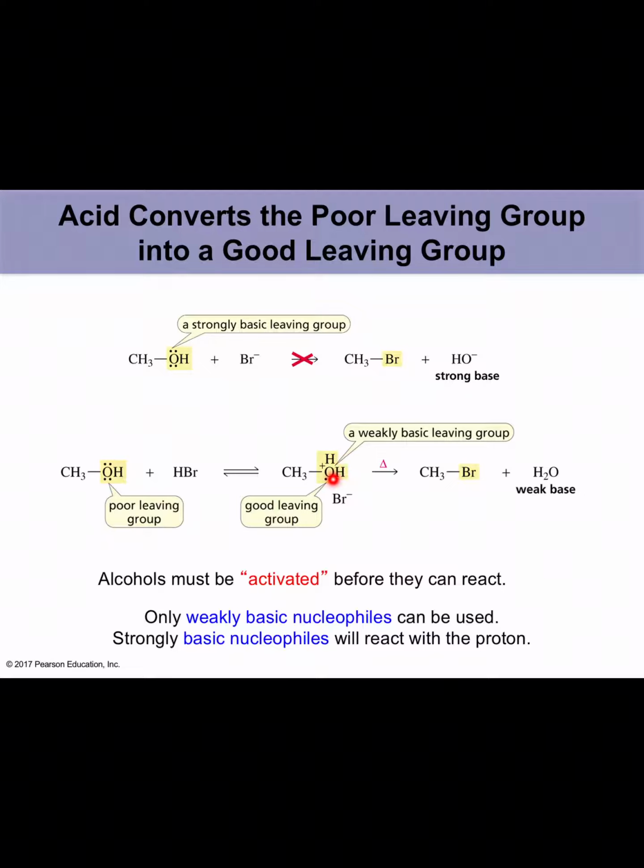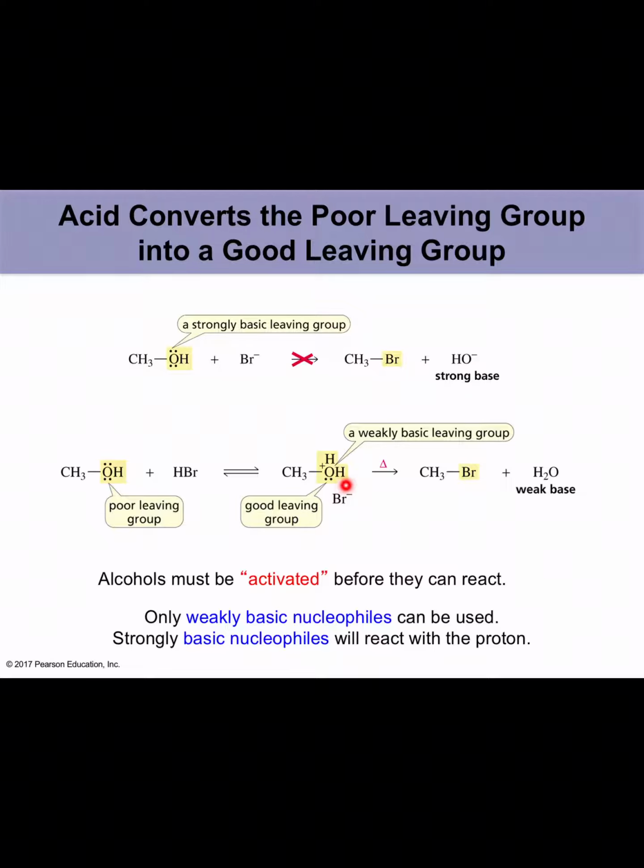When oxygen has two hydrogens, it becomes positively charged. It's a hydronium ion right there, a methyl hydronium ion. Now the hydroxide that you had is strongly basic, and we have converted it to a weakly basic leaving group.